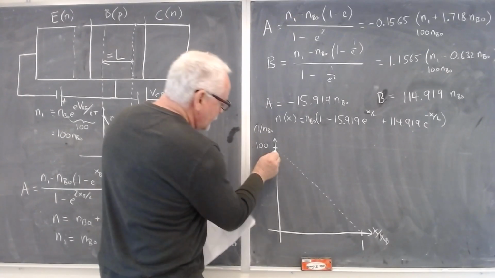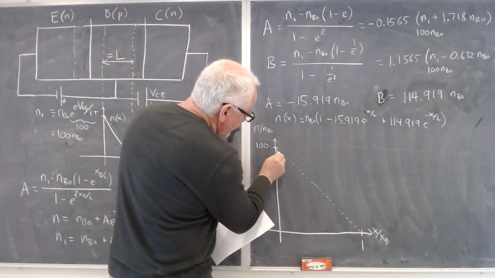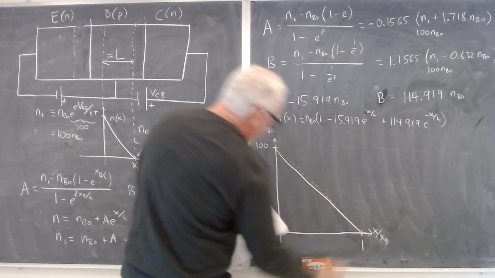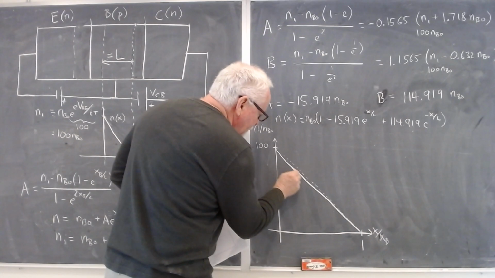All right, and what you sort of see is that it kind of bends down and goes like that, which I did a horrible job of drawing because it's really smooth.